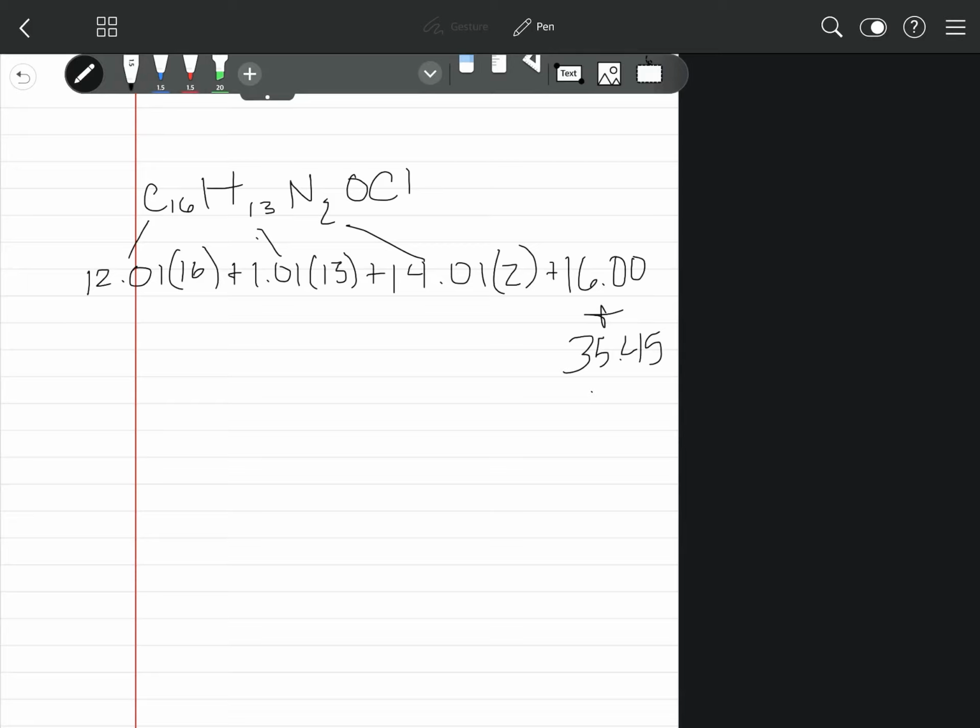So that's going to be 284.76, which equals the molar mass of diazepam.